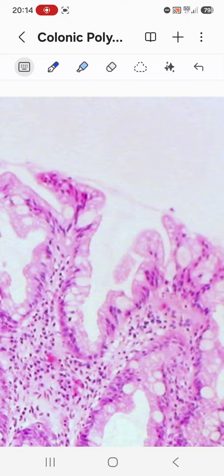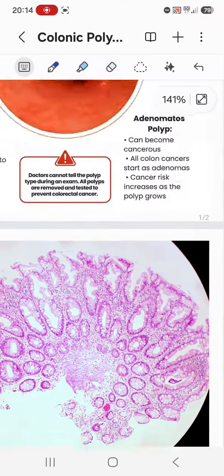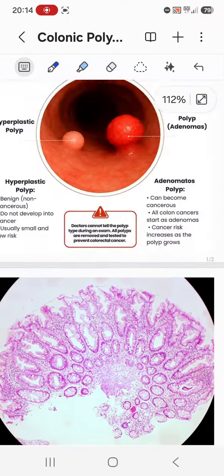So again, the lower half is full of proliferation area, so there are more mitoses occurring, and the top half is wider. That's your distinction that you can remember.